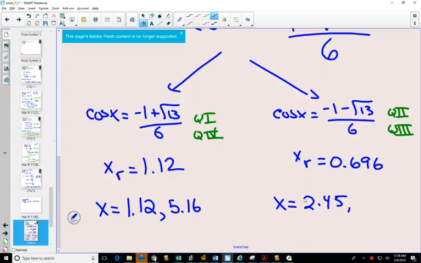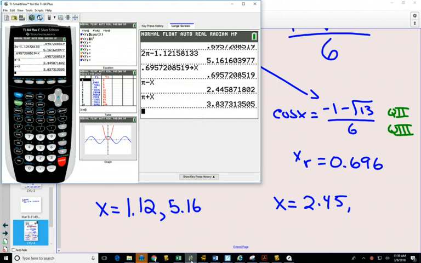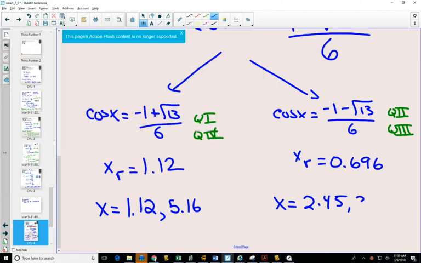Wow. And 3.84. Now, both of these answers are answers between 0 and 2 pi, once around the circle.